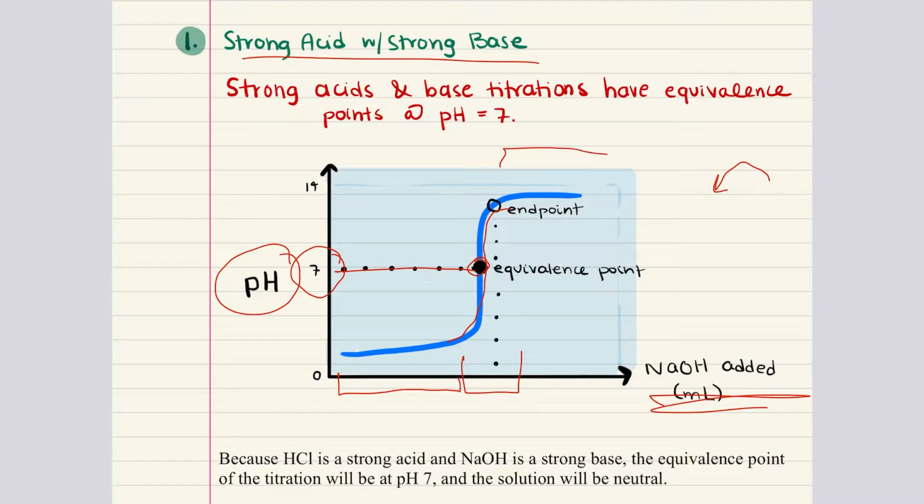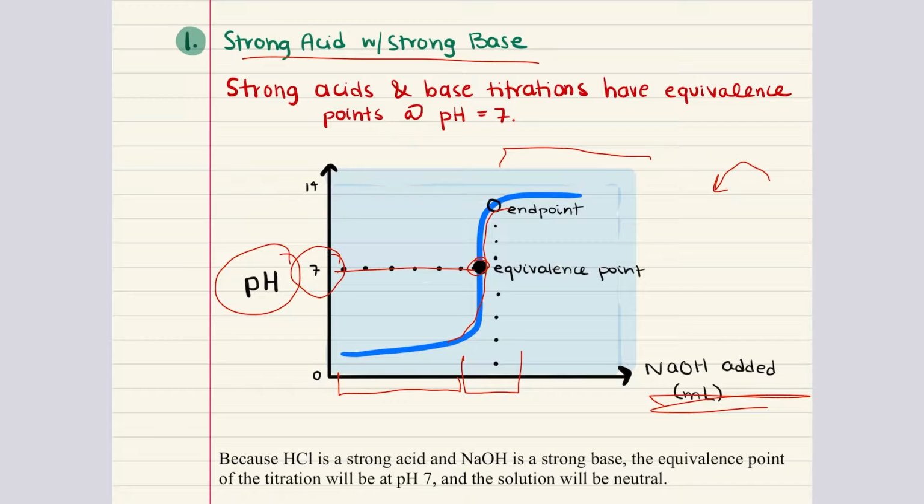Then beyond the equivalence point, the solution becomes basic as excess sodium hydroxide is added. The additional hydroxide ions increase the pH, but the rate of change in pH slows down as the solution becomes more uniformly basic.